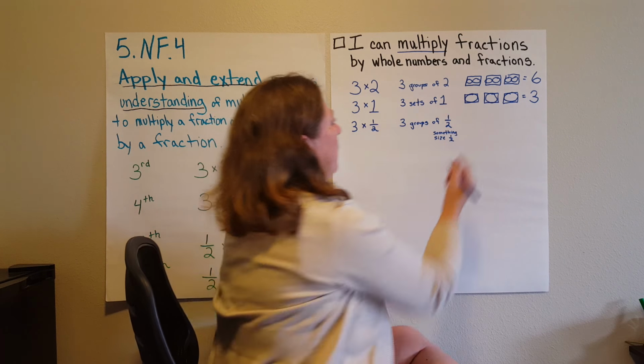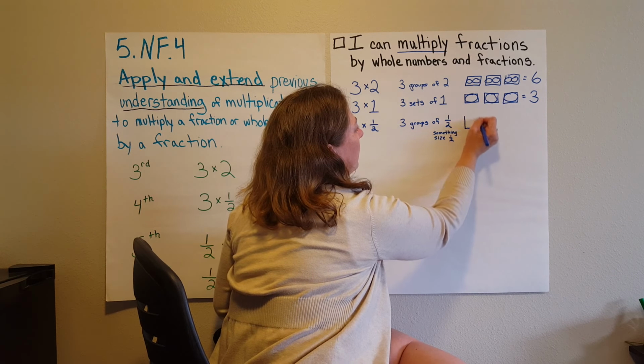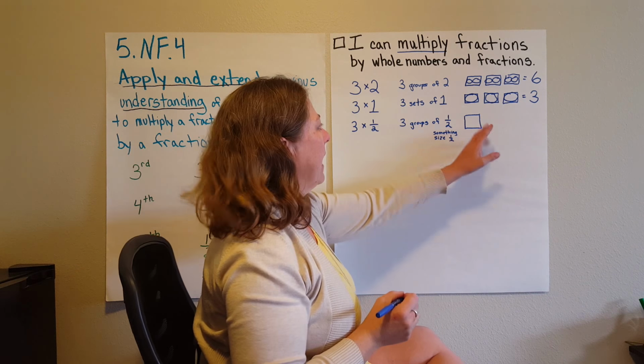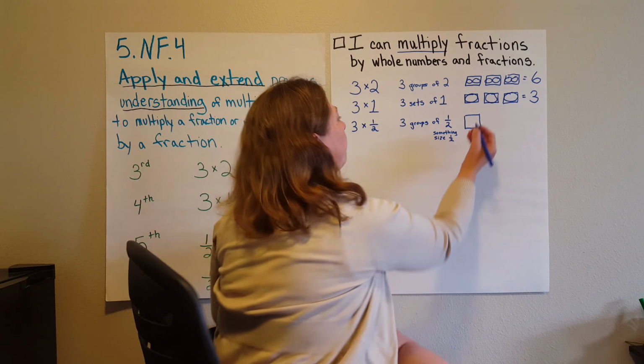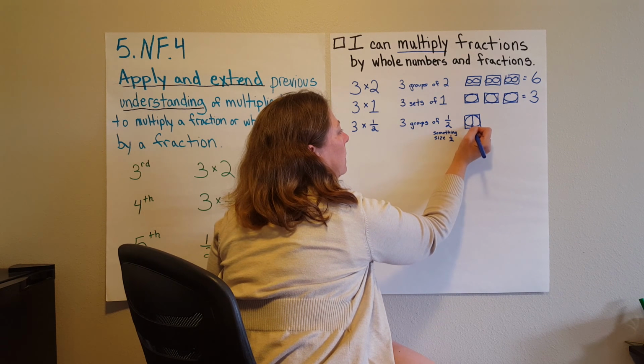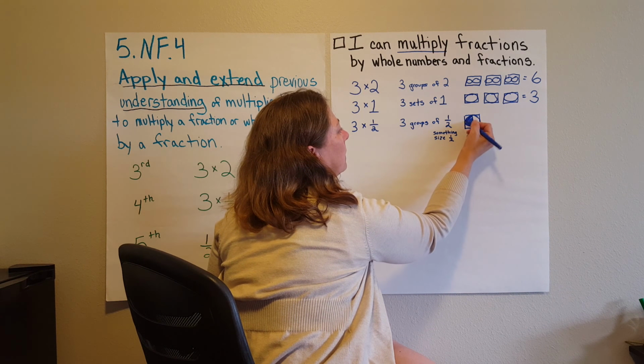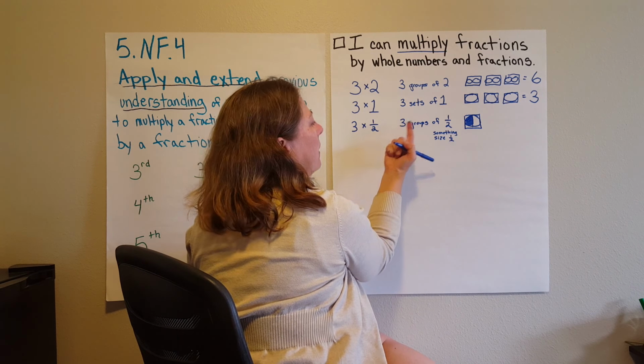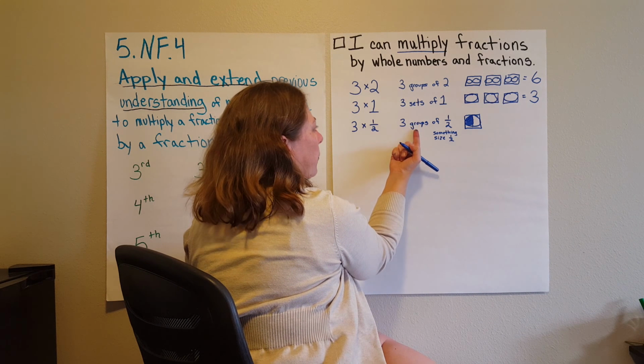Okay, so this is my unit. I've got something. How big is it? What's the size of this unit? It's a half, so it's not even a whole. It's this half. And I need 3 pieces or parts or groups of that.